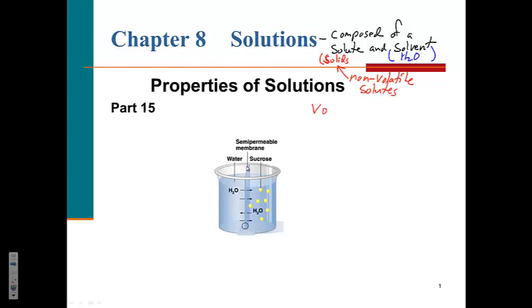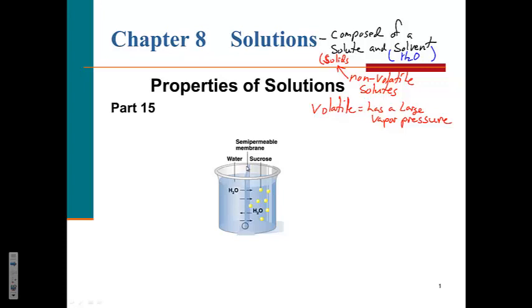Remember this term volatile. What does volatile mean? Volatile means it has a large vapor pressure. We talked about what volatile meant when we first defined boiling point.